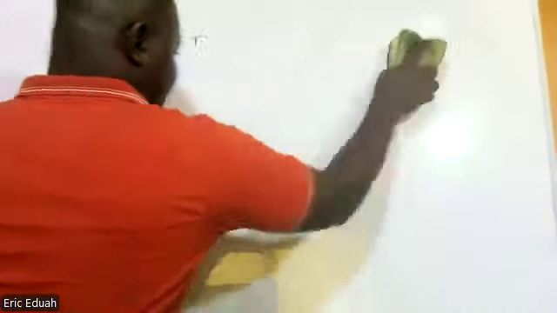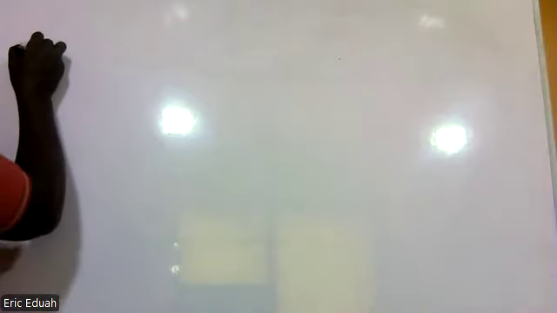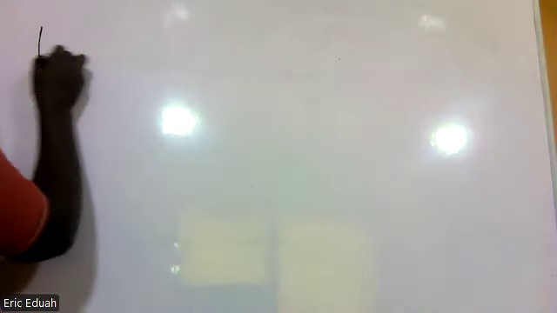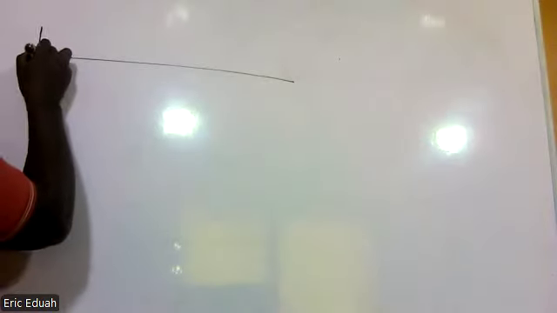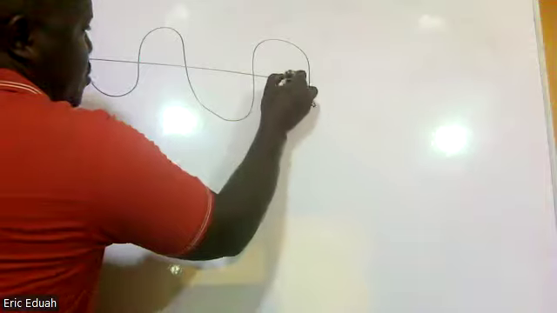And a wave is represented as a sine function. That is why we draw waves as that zigzag thing. So this is how we represent a wave.